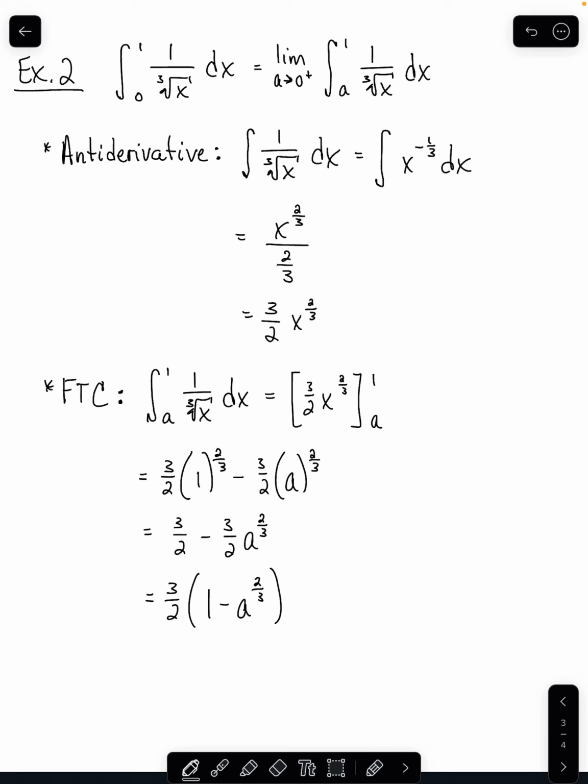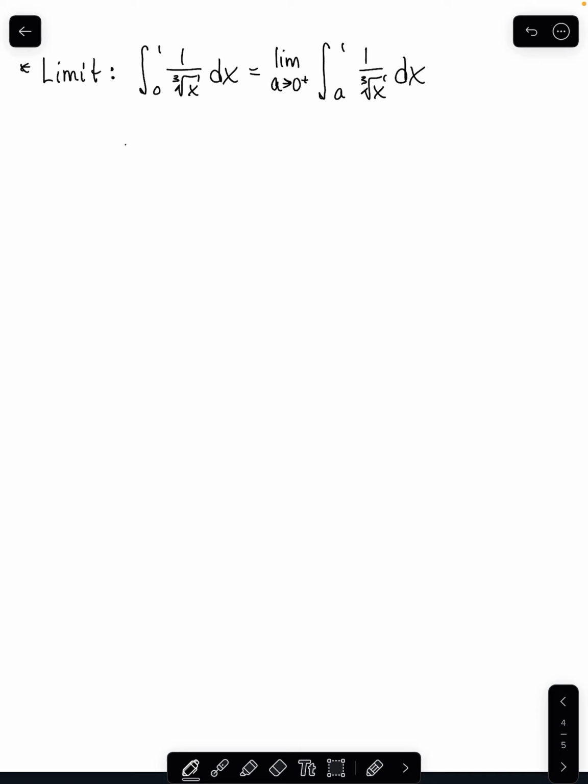Our final step then is to evaluate the limit. So our original integral was rewritten as the limit as a approaches 0 from the right of the integral from a to 1, which we now know to be equivalent to 3/2 times 1 minus a to the 2/3.